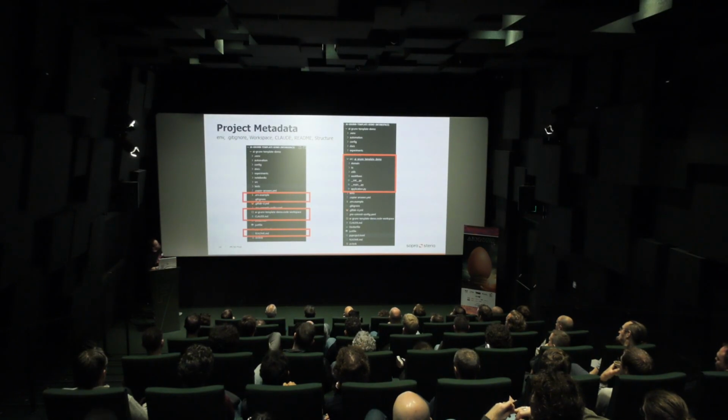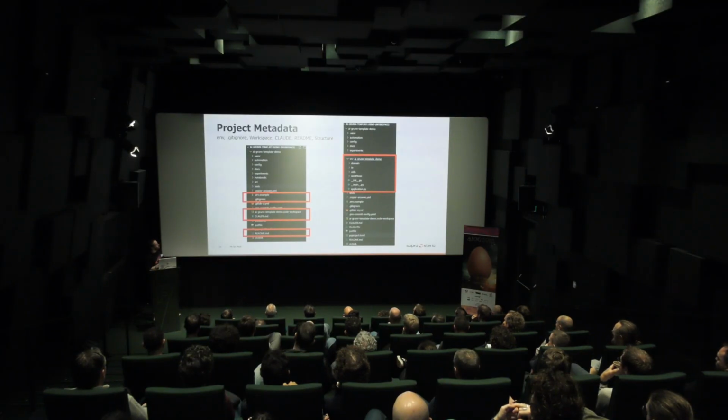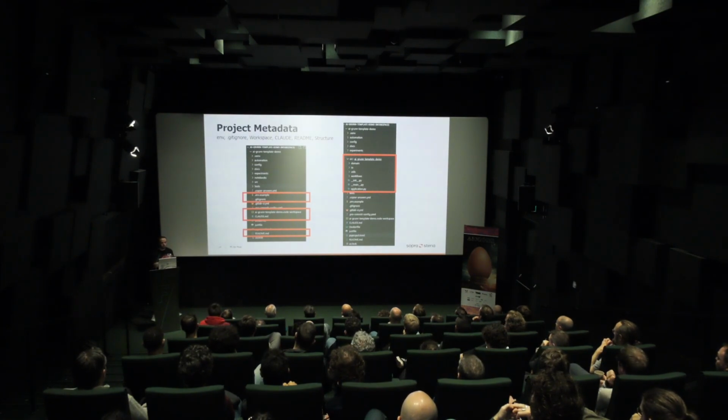I've also mentioned a bunch of other things like environment files, git ignores, workspace settings, Claude, README, structure, etc. This is just, again, to make your life easy. So .env.example, the example is there because otherwise it would be removed by our git ignore settings. So already some git ignore settings. A workspace file, which can be used in your Visual Studio Code to make all settings within Visual Studio Code the same for all developers.